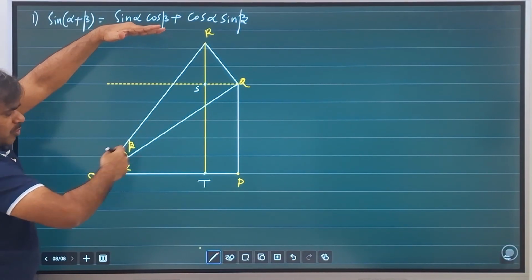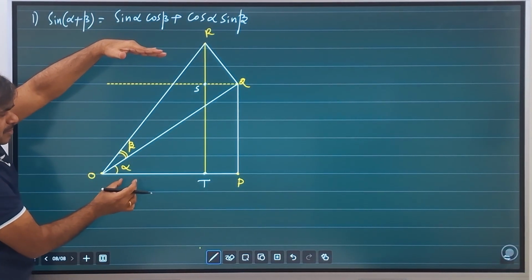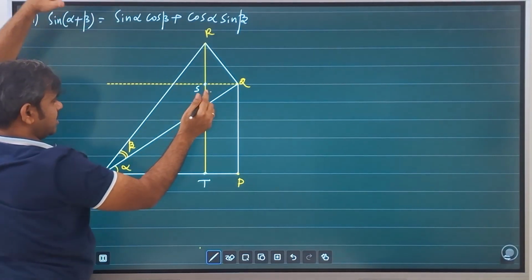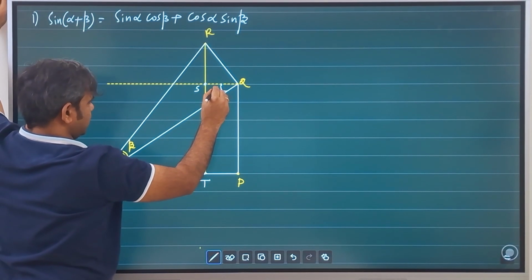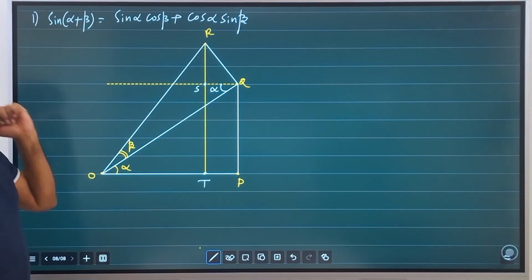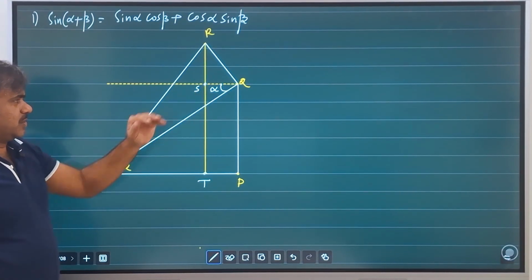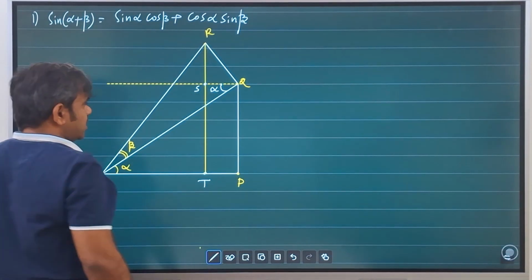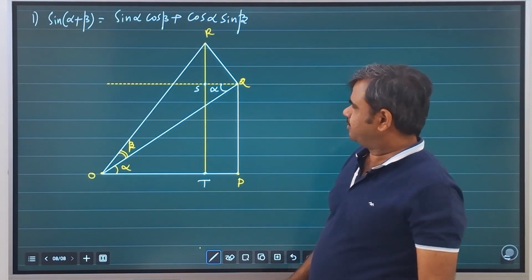Look at this line OQ. OQ is making an angle alpha with this horizontal line. So it should be making the same angle alpha with the other horizontal line, this dotted line also. Since this angle is alpha, this angle is also alpha. Look at the right-angled triangle OQR.